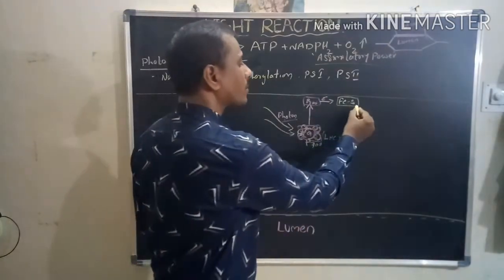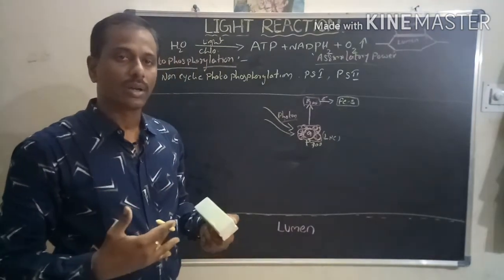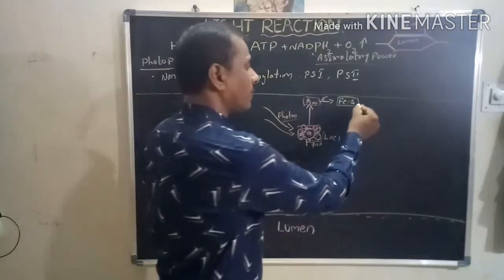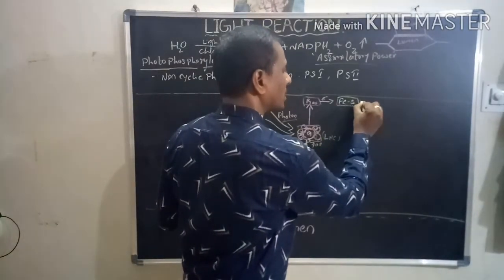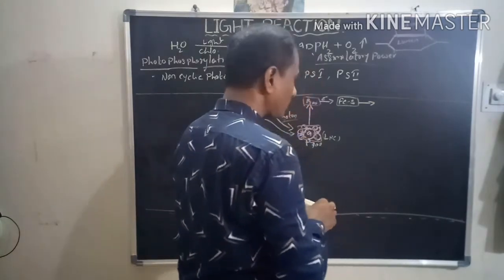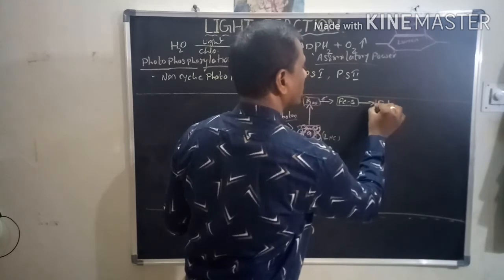This iron sulfur protein receives the electron, goes through reduction, and immediately transports the electron to another protein, that is ferredoxin.